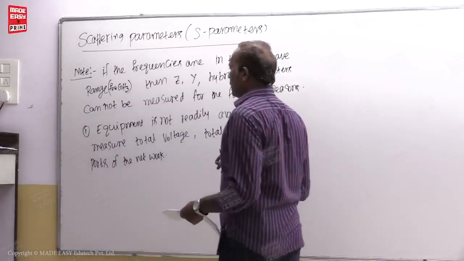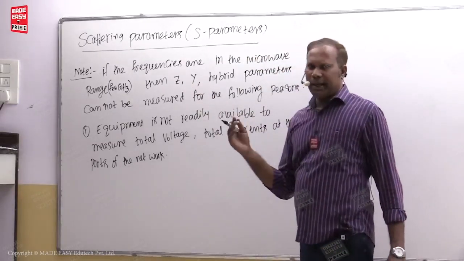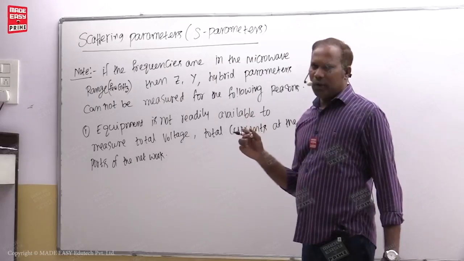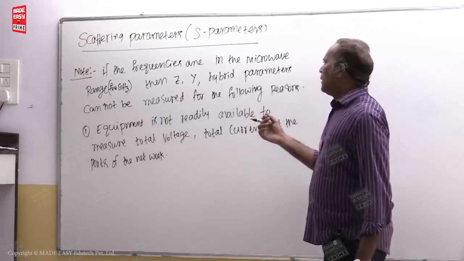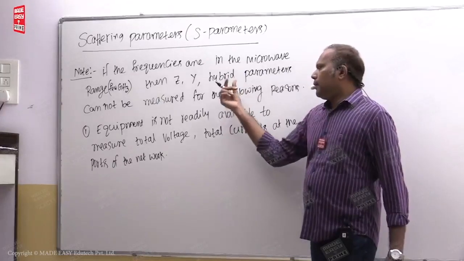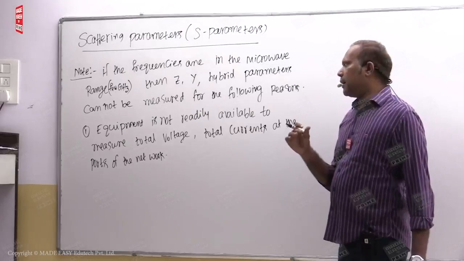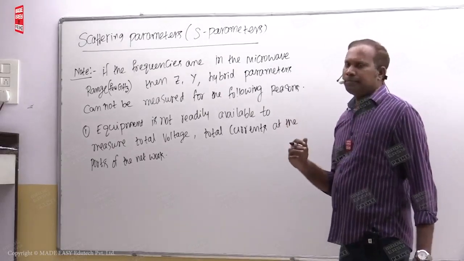That means if you want to measure these parameters, they are like voltage by current ratio, current by current ratio, voltage by voltage ratio, like that. You know the electrical circuits and network theory parameters. You need to measure the total voltages and total currents at port 1, port 2, like that.